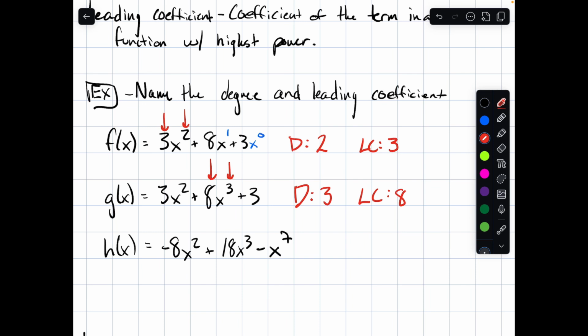And then over here we have a similar situation where it's not really in descending order from high to low powers. Our degree over here, the highest power is 7, and that leading coefficient, whenever you see a negative, that negative goes with that coefficient. And if there's no coefficient, we can really just think of this as 1. So our leading coefficient in this case is negative 1.